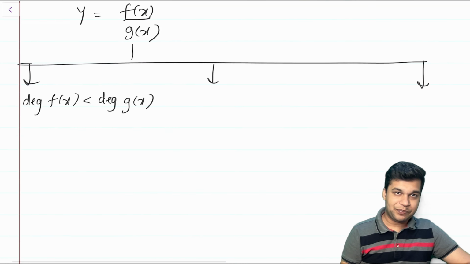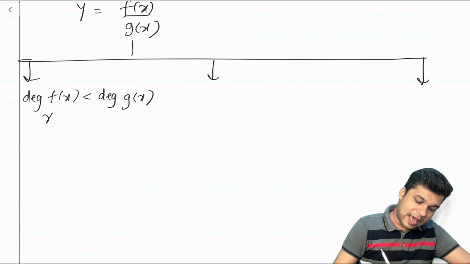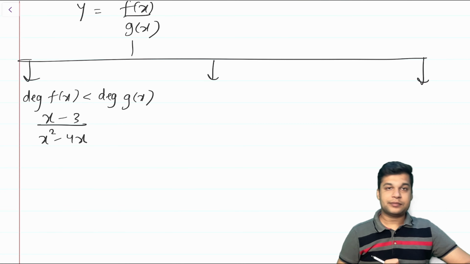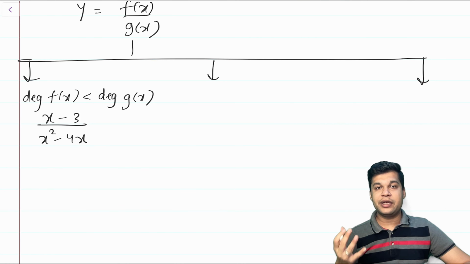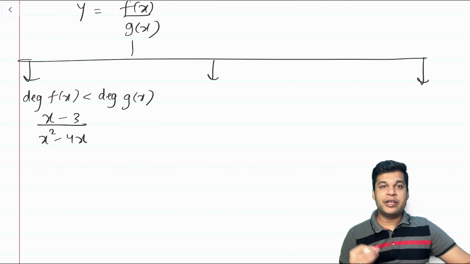What is an example? The example is x minus 3 upon x square minus 4x. If you see, the degree in the numerator is 1, the degree in the denominator is 2. So the degree of numerator is lesser than the degree of denominator.